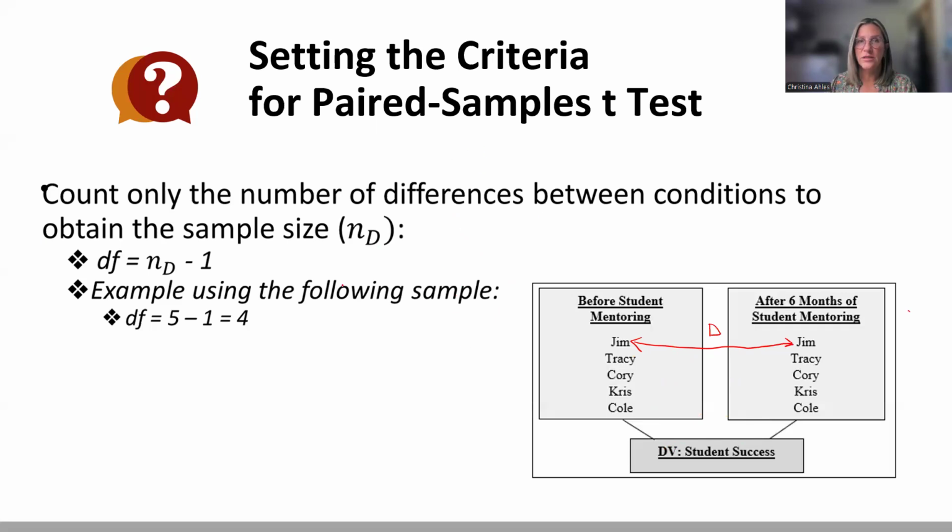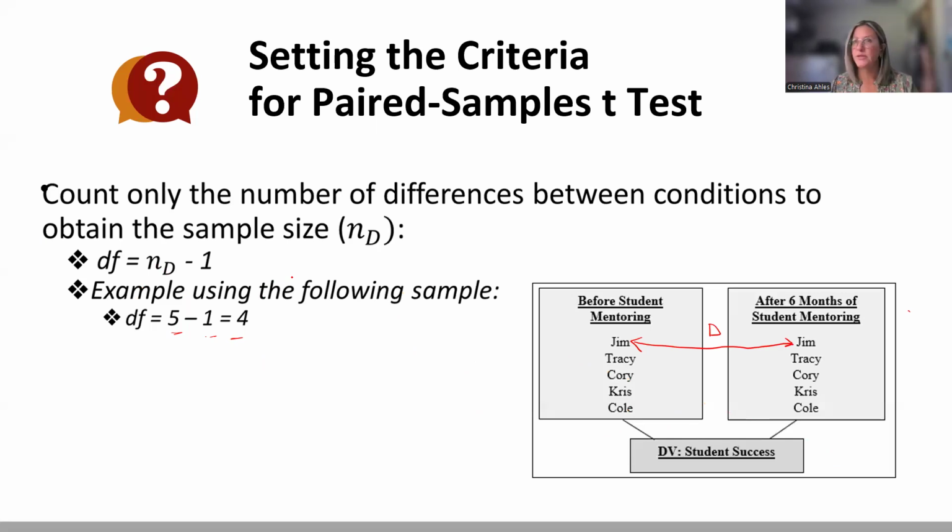When we use the degrees of freedom for this specifically, it would not be like the independent t-test, where we would have 5 participants in the first sample with a degrees of freedom of 4, plus 4, for a degrees of freedom of 8. It is just that there are 5 participants and we subtract 1, for a degrees of freedom of 4. So that's the difference. The one sample t-test was N minus 1 because you just have one sample.